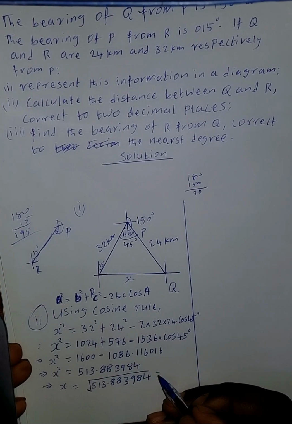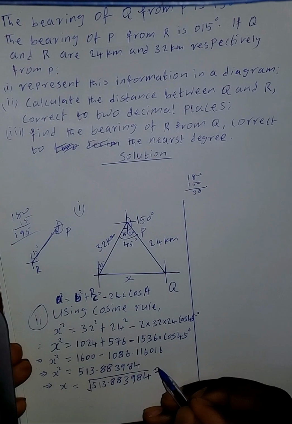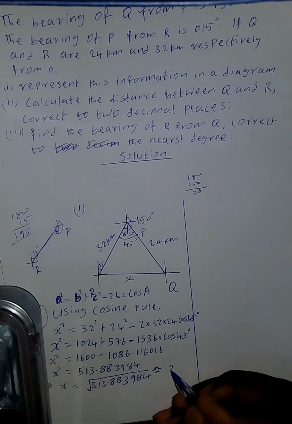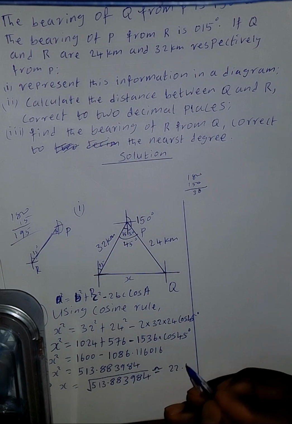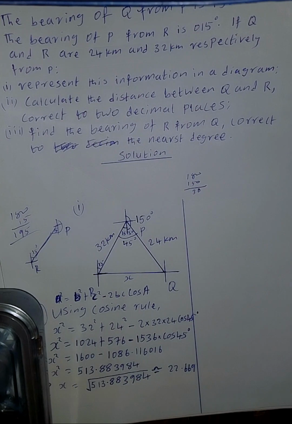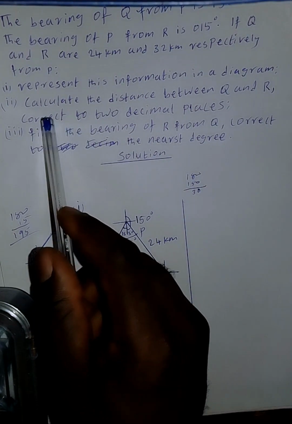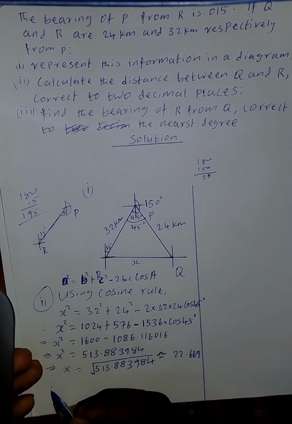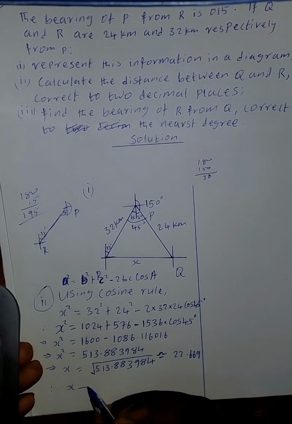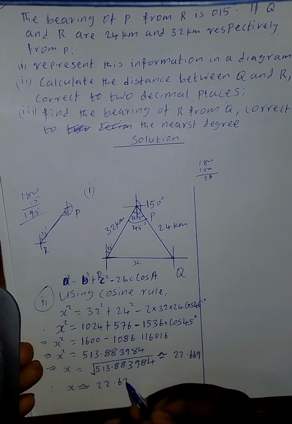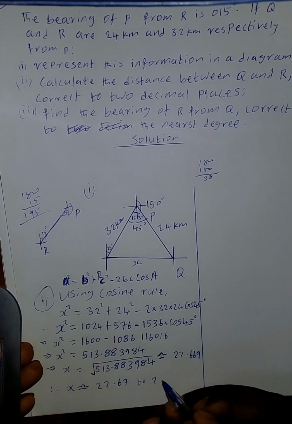When I take the square root, this will be on approximation 22.669000933. The question says approximate to correct to 2 decimal places. Therefore, x is approximately 22.67. This is to 2 decimal places.